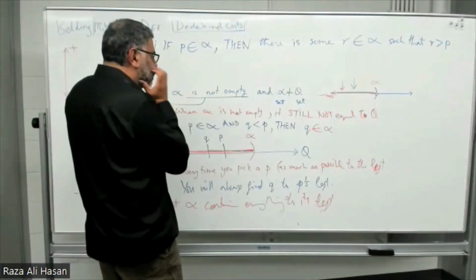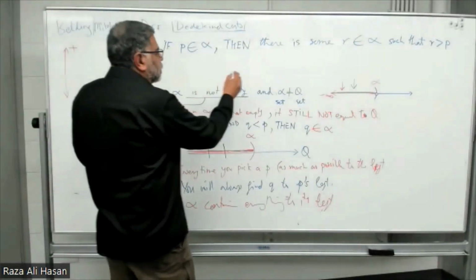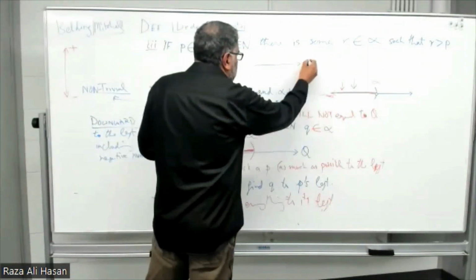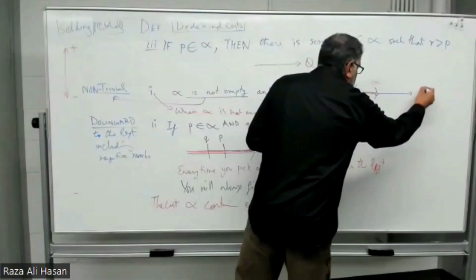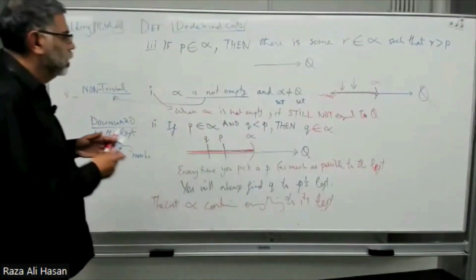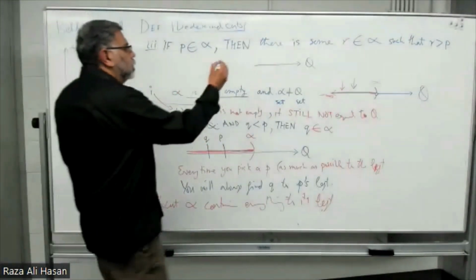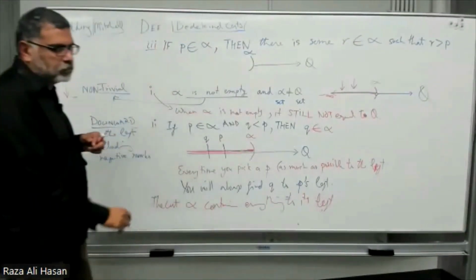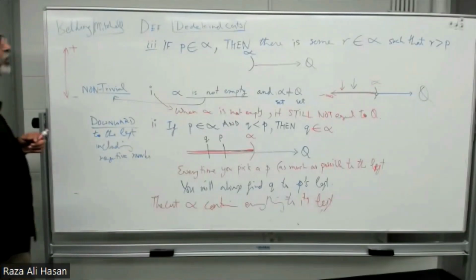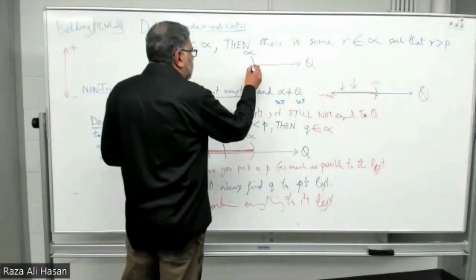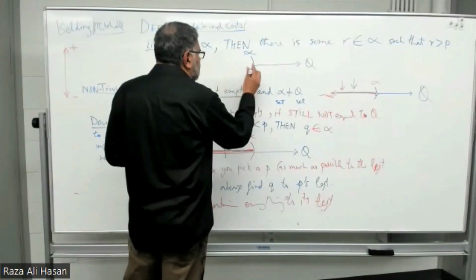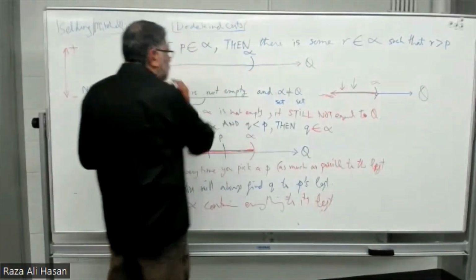So we've got to do something here to represent this. Okay, so we have our Q line. This was Q. And then we have R, alpha. And everything to the left of alpha, all the rational numbers and everything else.